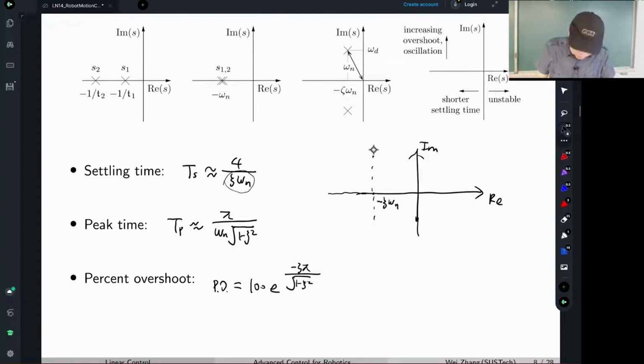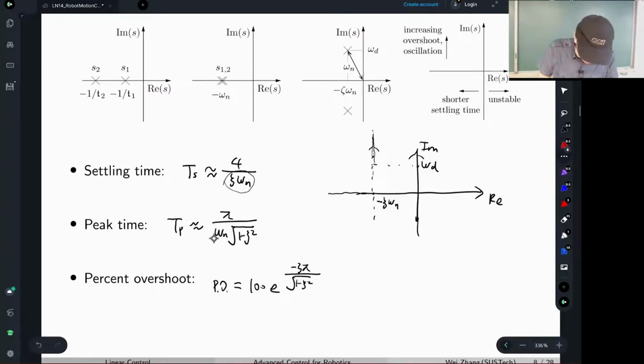Along this line, you know that this part is omega d. You can see that if you increase omega d, the PO is getting bigger, but T peak is getting smaller. This guy is omega d.